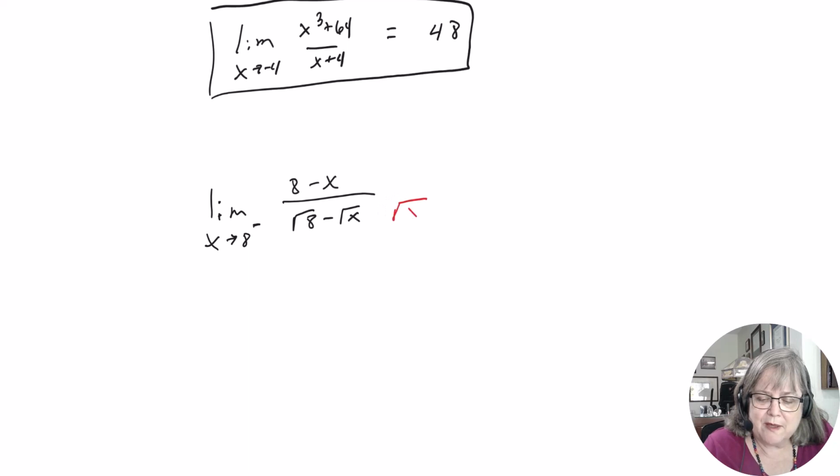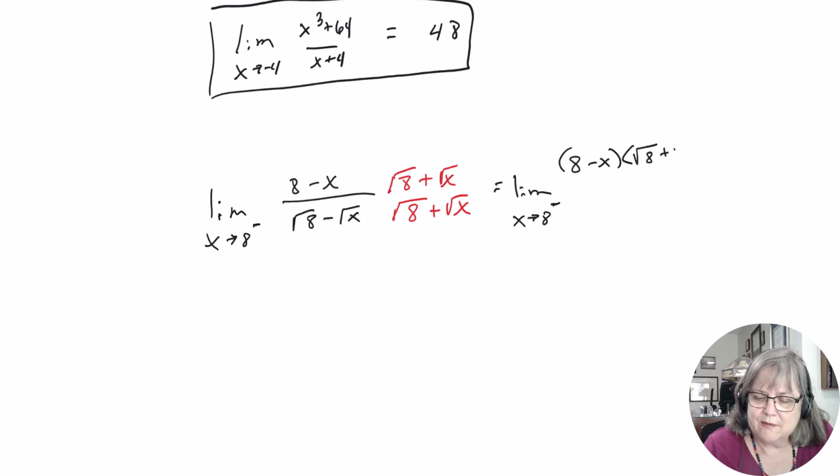So I'm going to multiply it by its conjugate and just kind of hope that this works out. So this would be the limit. Remember, you have to write that down every time, even if you're annoyed. Sometimes it's good for you to be annoyed. Keeps you from going to sleep.